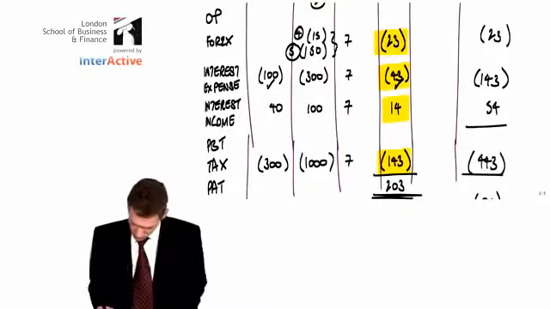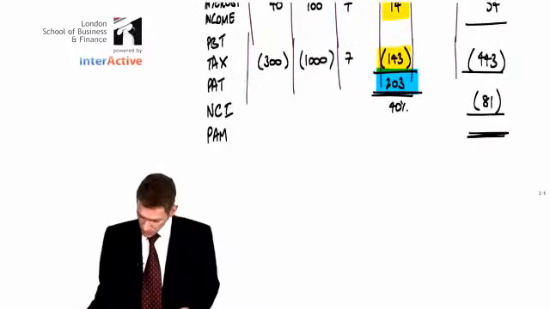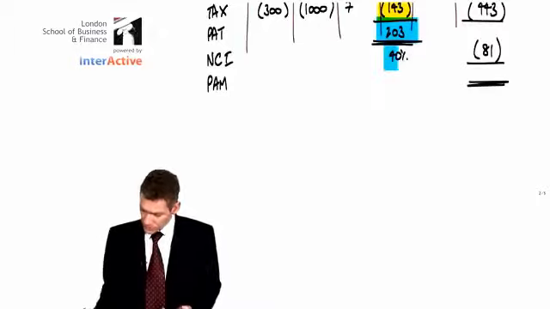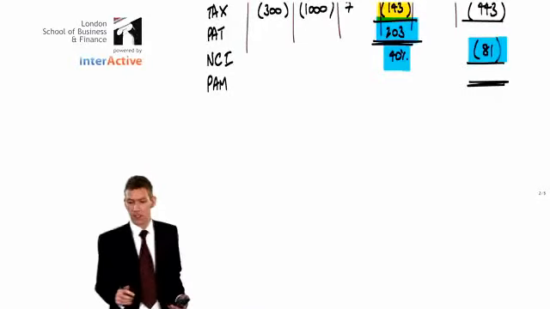You can see I've even rather cheekily got that in already there. 203 multiplied by 40% gives us 81. Fantastic. You've done it.